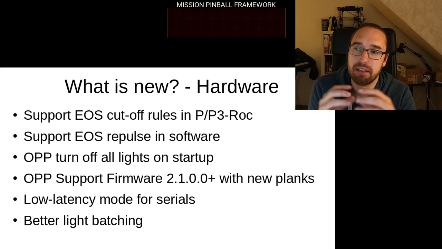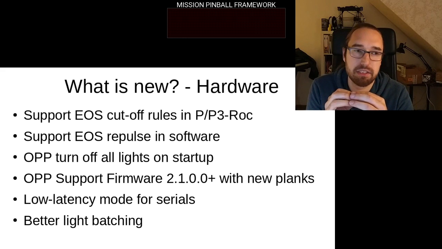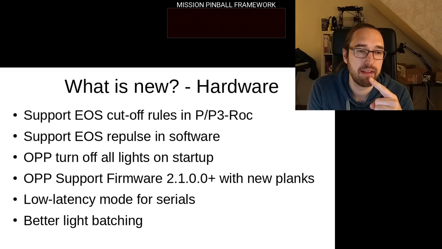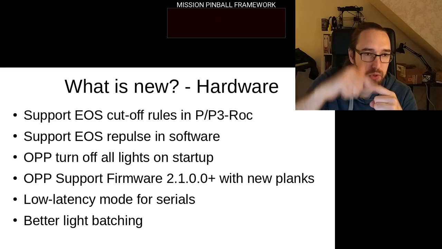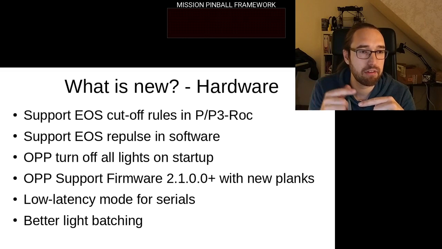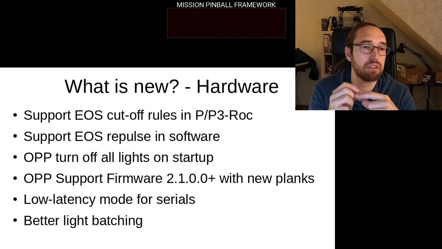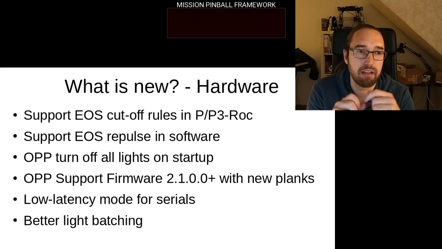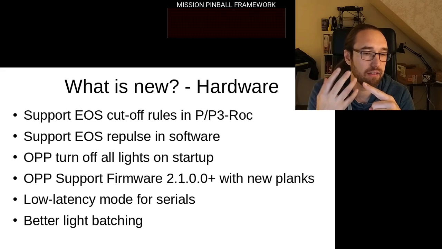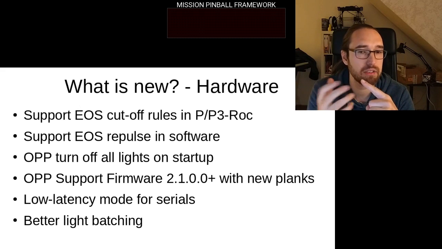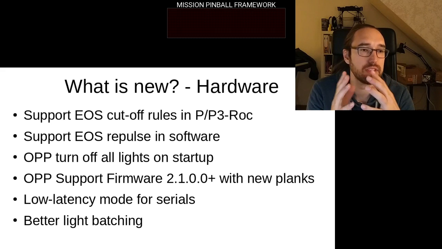And a feature which is especially huge for me is end of stroke repulse in software. That means when your flipper is up and holding, and a fast ball is pushing it down, we will detect in software that the end of stroke opened, and we repulse your flipper fingers. That allows you to reduce the hold power and thereby the thermal output of the coil, and also improve the overall stability of your machine.